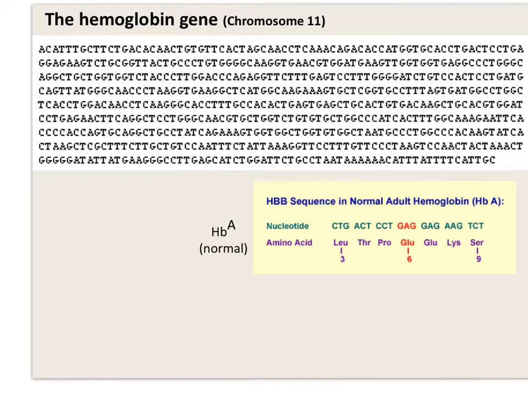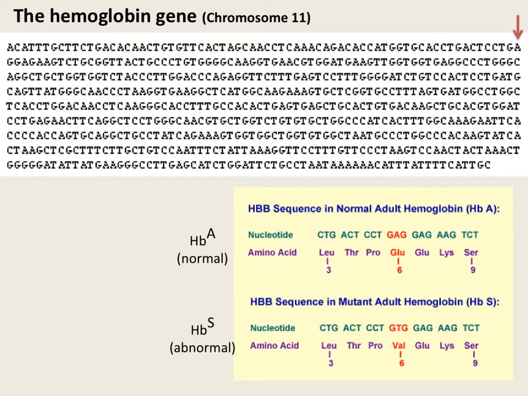These are only some of them: leucine, tyrosine, proline, glycine, lysine, serine. And if we actually look, I'll look at this one. Okay. Now, this is the normal allele, HbA. It's the normal hemoglobin allele.